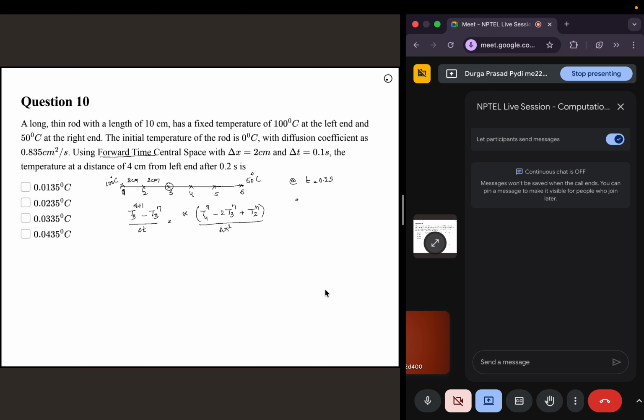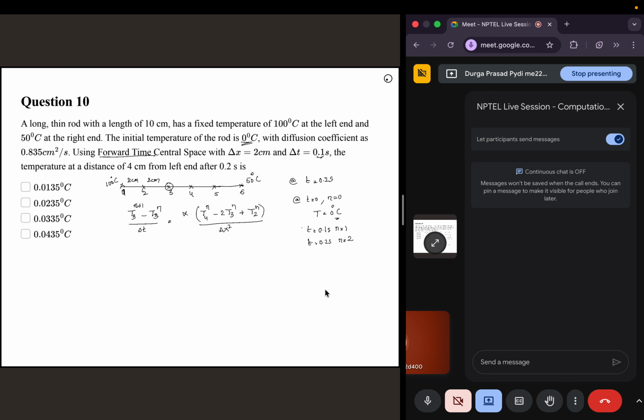At t equal to 0, or basically n equals 0, the initial temperature is 0 degrees Celsius, so I have T equal to 0 everywhere. At t equals delta t, which is 0.1 second, n equals 1. At 0.2 second, n equals 2.